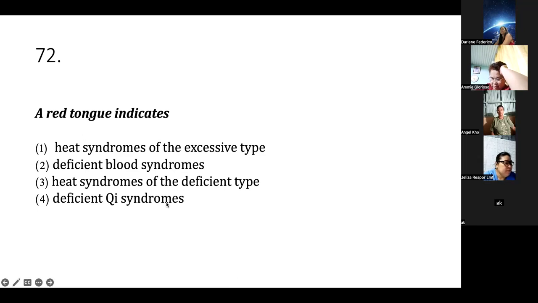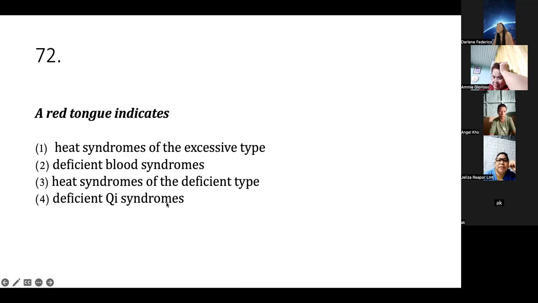Heat. Okay, let's analyze one by one. Let's not rush. Okay, heat syndromes of the excessive type. Will you have a red tongue there? Yes, Doc. Okay, what about deficient blood syndrome? Blood deficiency, lacking blood. Is the tongue red? No, it's not.